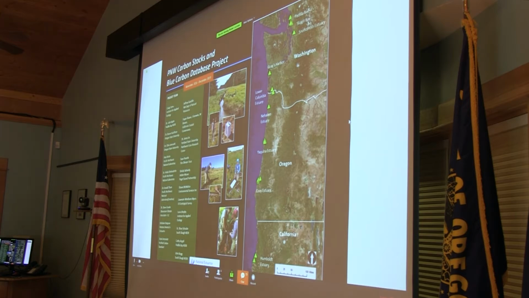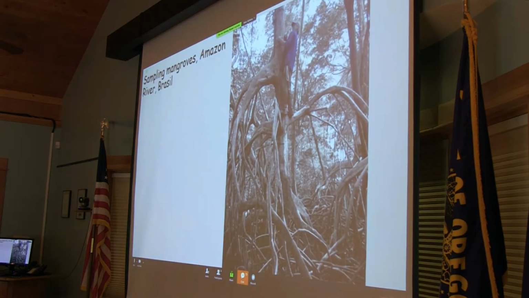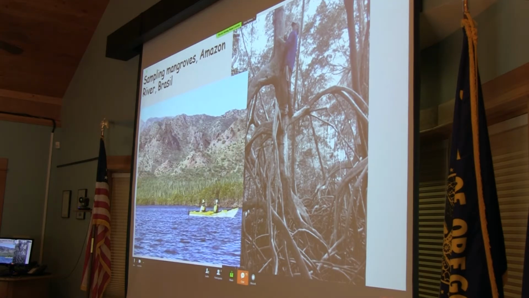One of the things I just wanted to say, not to be bragging, is that last week I was sampling a blue carbon ecosystem in Baja California, and it's just remarkable. It shows you the breadth that we have of these blue carbon ecosystems throughout the world.